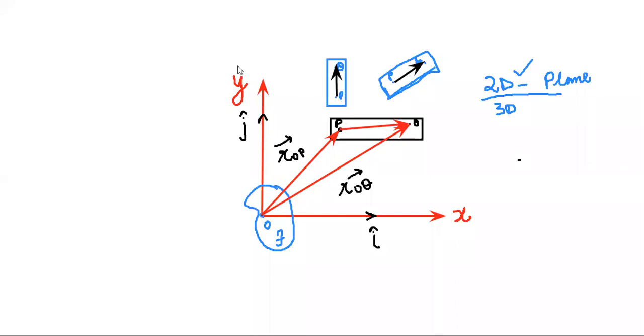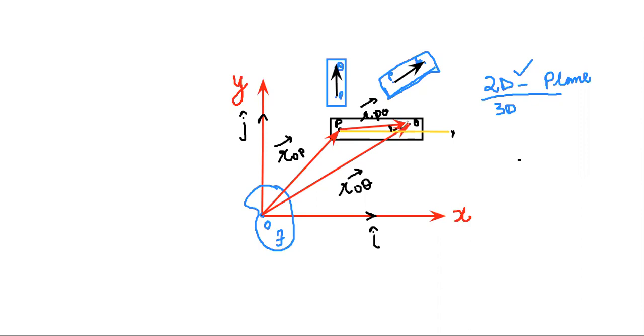So if we draw an axis parallel to the x-axis here, we can at least say that initially, before the setting up of the motion, this RPQ vector was subtending some angle with respect to the x-axis, because this axis is parallel to the x-axis.